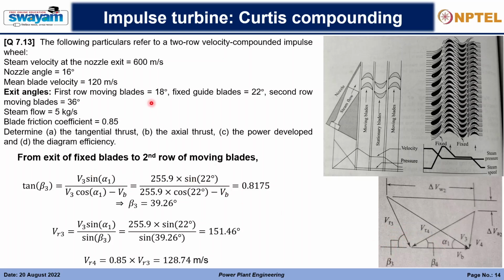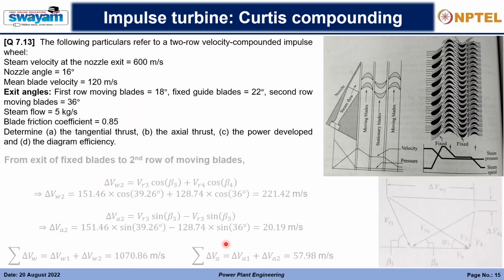So alpha 1, the fixed guide blades: we are given the exit angle from the fixed guide blade, 22 degrees, so that will be the inlet to the moving blade, right? So that is alpha 1, and accordingly we first find the value of beta 3, then we find the value of VR3, and then we finally find the value of VR4, which is 0.85 times the value of VR3. So that was the analysis of the second row of moving blades.